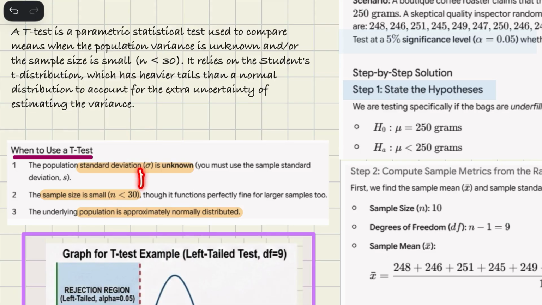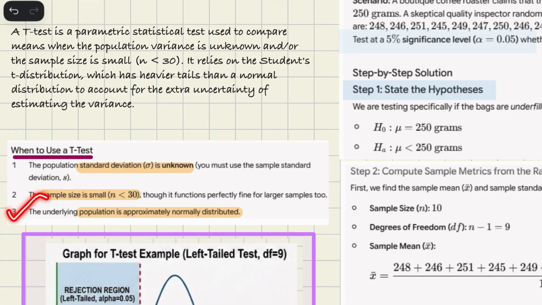Technically, as n grows larger, the t distribution changes shape and blends into the Z distribution. But for your exam purposes, if you are given a sample standard deviation and a small sample, it is strictly a t distribution. All right, so you focus on the sample size from now on.